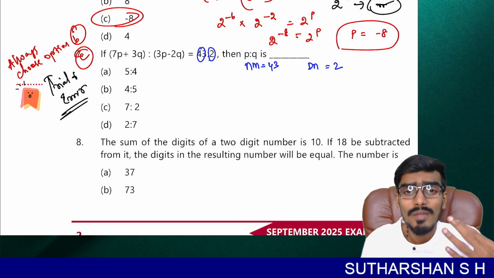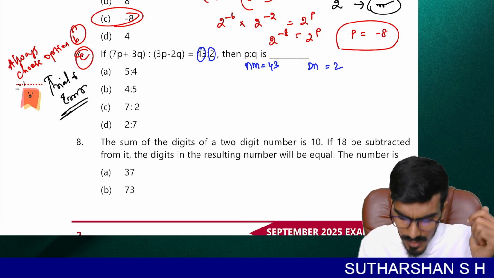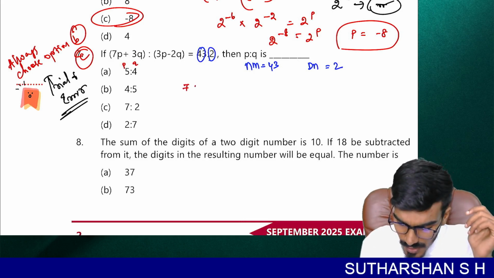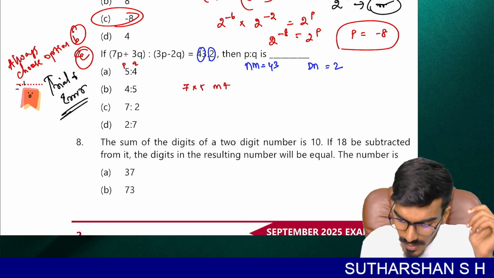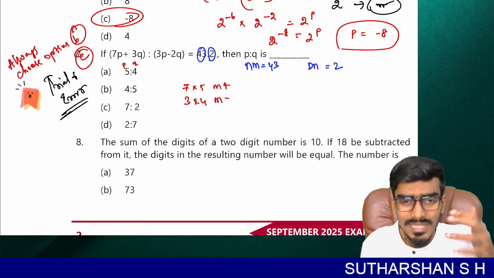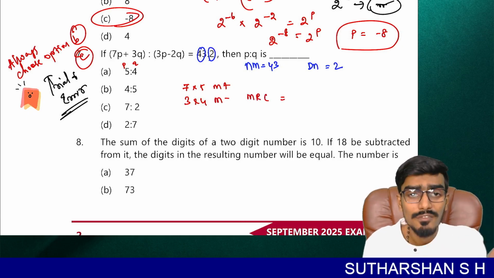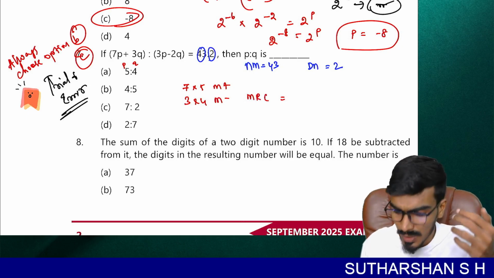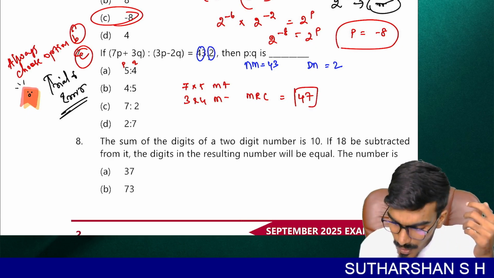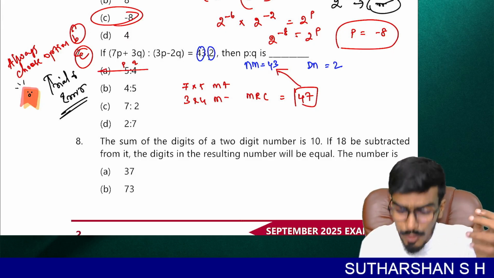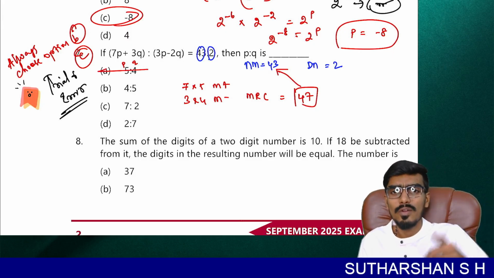For right now, I will assume option A. This is my P, this is my Q. Take a calculator: 7 into 5m plus 4 into 3, that is 3 into 4m, substituting it. What is the answer you are getting? 7 5s are 35, 3 4s are 12, 35 plus 12 gives 47. But you need a numerator of 43. So this is not your answer. The numerator itself is not matching, so you are never going to get the denominator either.